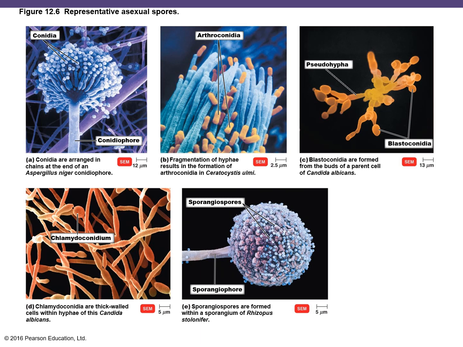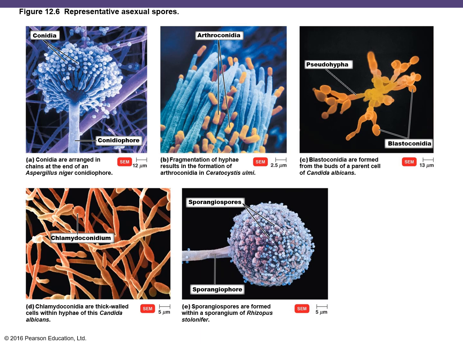Another type of conidium is called blastoconidia, and they are formed from the buds of the parent cells. Such spores are found in some yeasts, such as Candida albicans or Cryptococcus species.